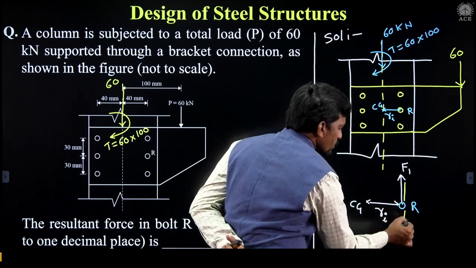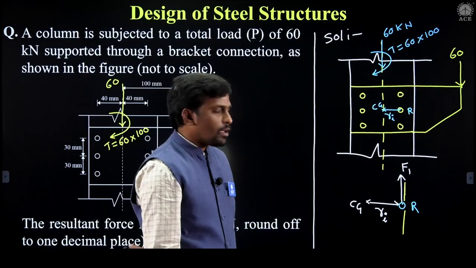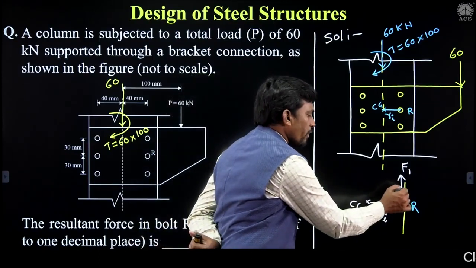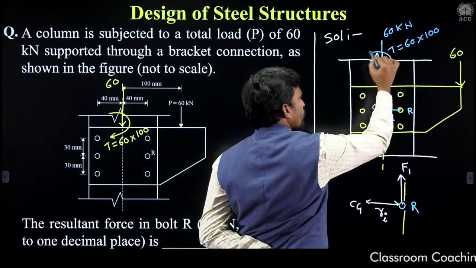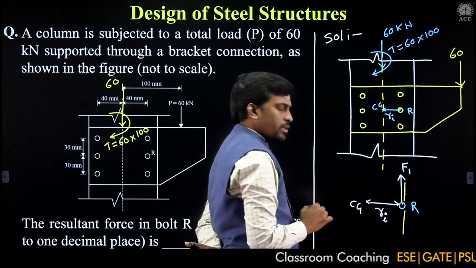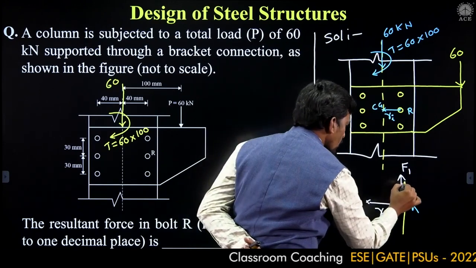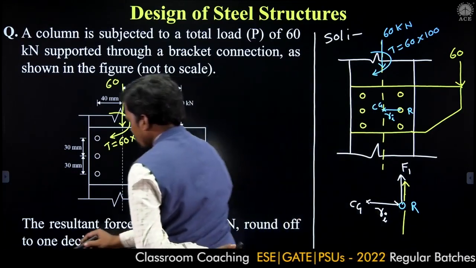Shall I consider upward force or downward force? Because the twisting moment is clockwise, it should be anti-clockwise. Anti-clockwise means mark it upward like this. Then don't consider the below one.